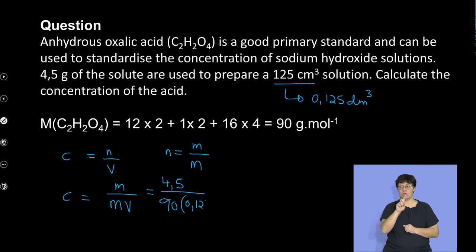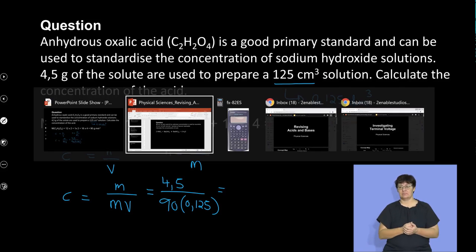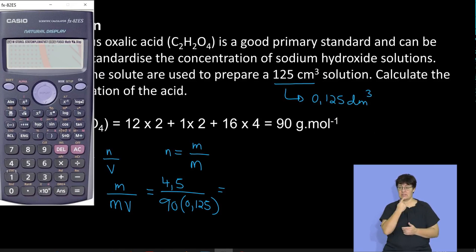So we are able to determine the concentration. From there, we can go to our calculator and say 4.5 divided by 90 multiplied by 0.125. So this gives us, we can change that to 0.4 moles per cubic decimeter.